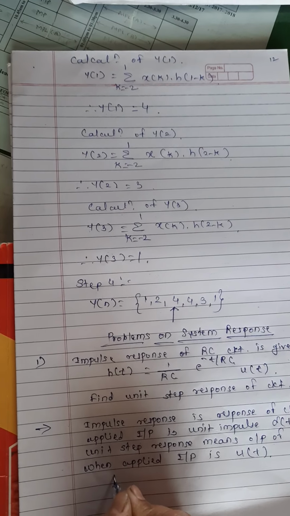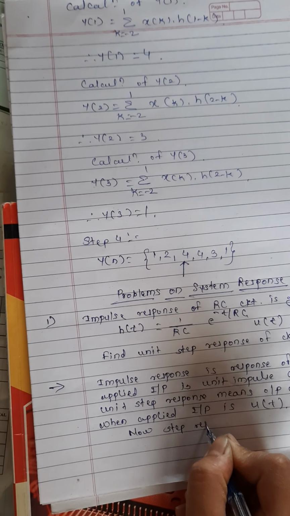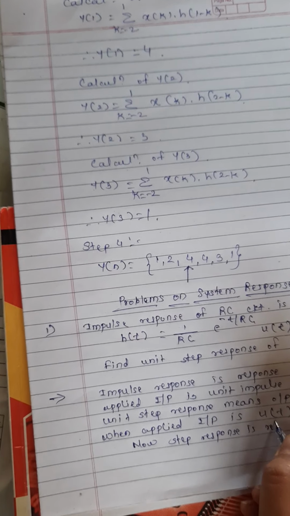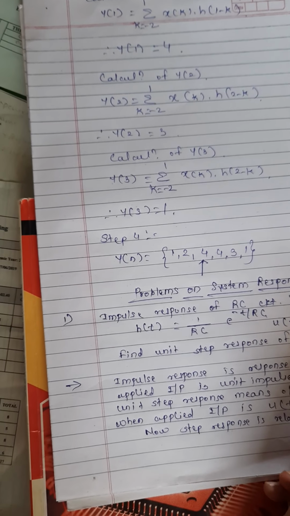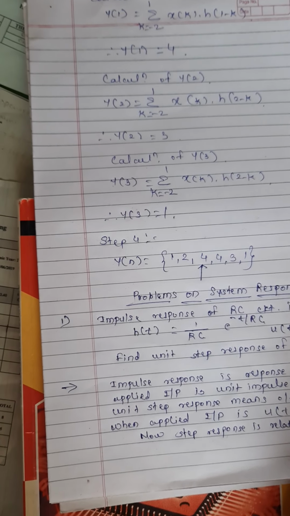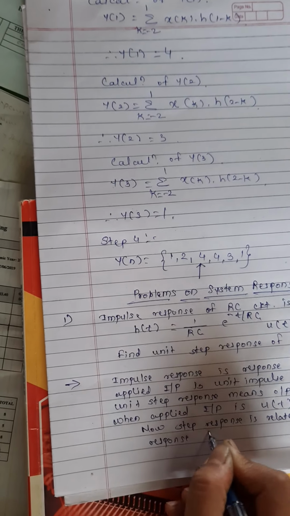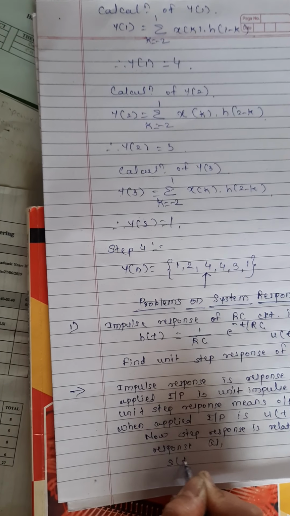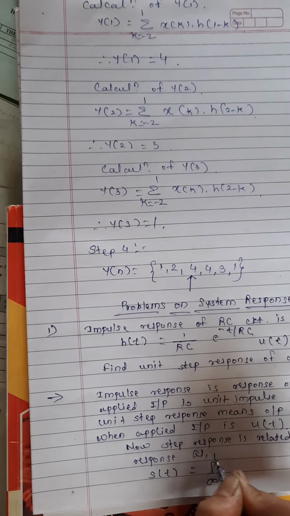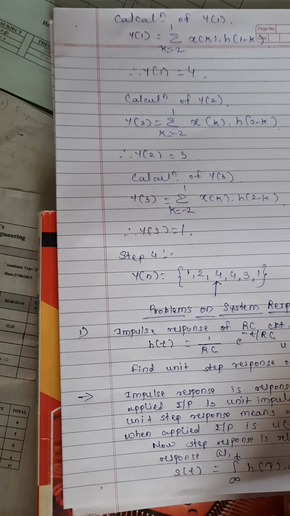Okay, now the step response is related to the impulse response as s of t is equal to the integration from minus infinity to t of h of tau d tau.